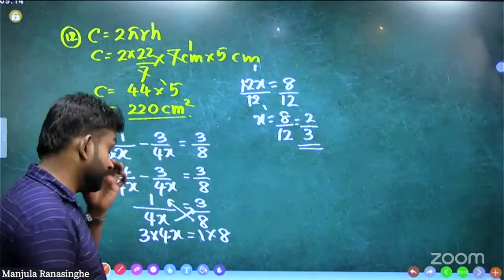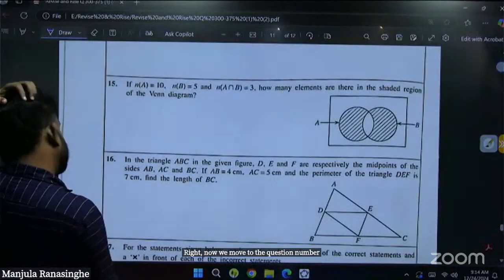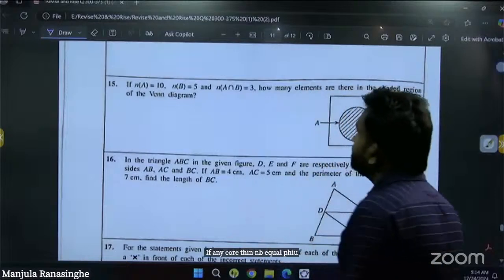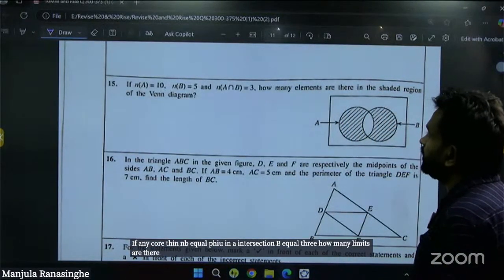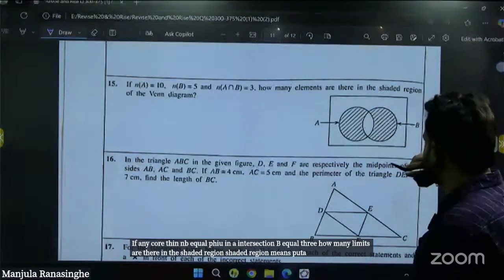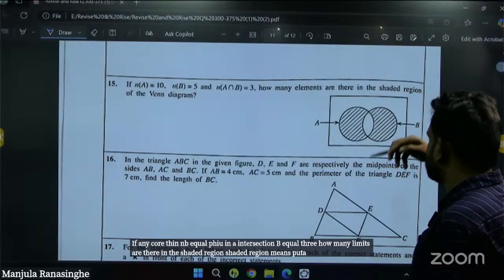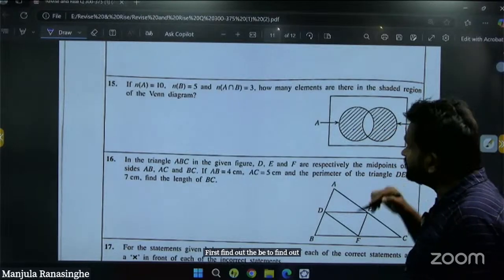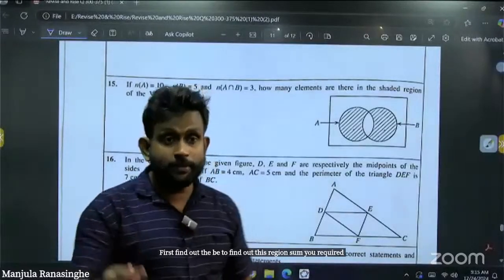Right, now we move to question number 15. If n(A) equals 10, n(B) equals 5, n(A intersection B) equals 3, how many elements are there in the shaded region? Shaded region means, first, to find this region you require n(A union B).